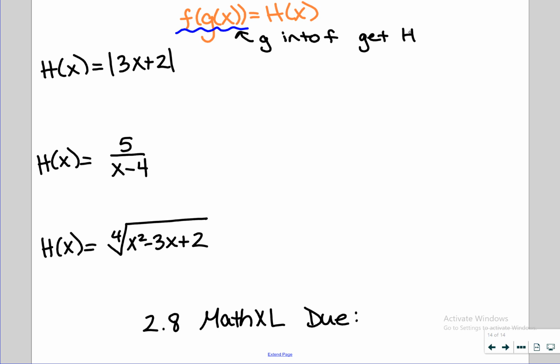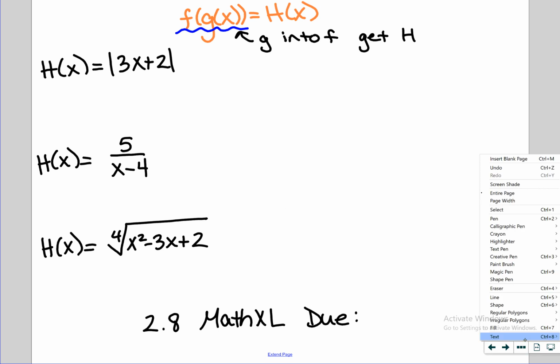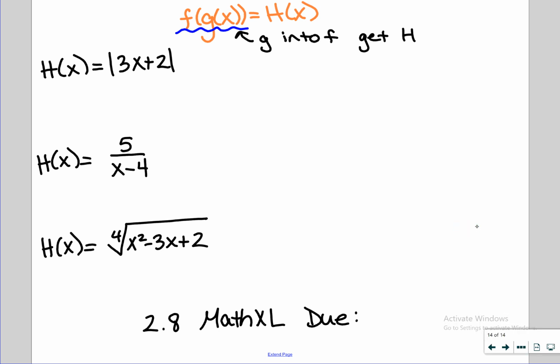Now let me give you an example. If I'm looking at this absolute value equation, the first one, I need to write two functions, f and g, that are going to make up my answer. My goal is to figure out two equations that if I plugged g into f, I would get that out as an answer. There are a lot of ways to do this. Some are easier than others.